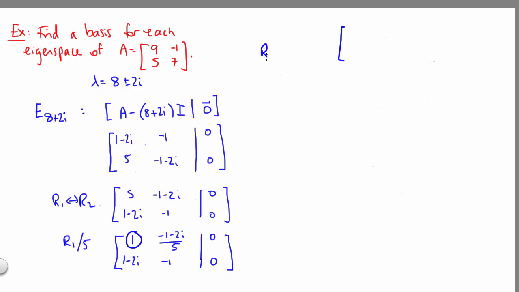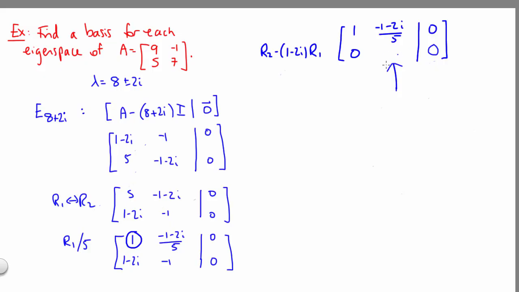Let's take row 2 minus 1 minus 2i times our pivot row. So top row will not be changing. And in the bottom row, we've got 0. An entry here that will require a little bit of extra attention. And over on the right side, we'll have a 0.